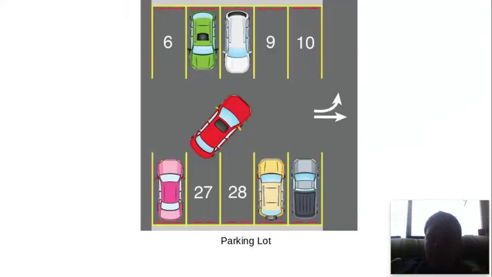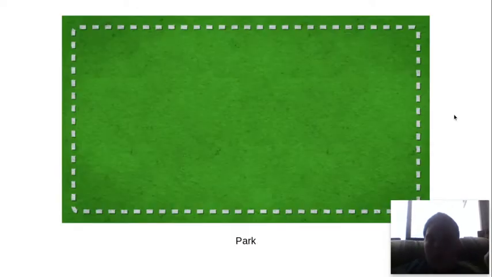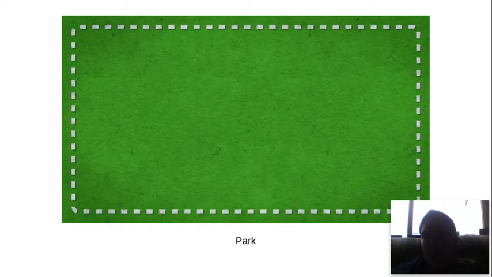So many of you, when you've gone to a place, like school or a grocery store, there are a parking lot and there are parking lots. And you can see each parking lot has a small space for cars, motorcycles, sometimes bikes, things along those lines. You also got a park, and a lot of parks are in rectangular forms.